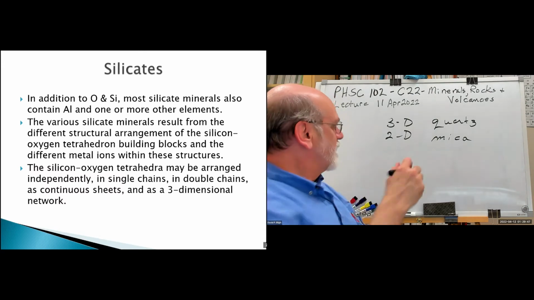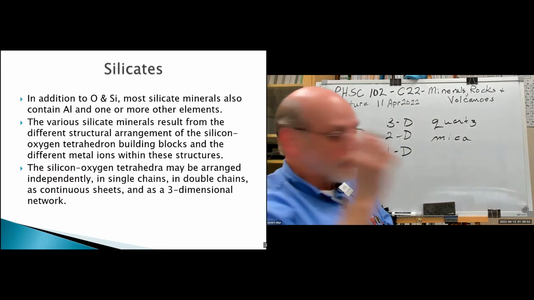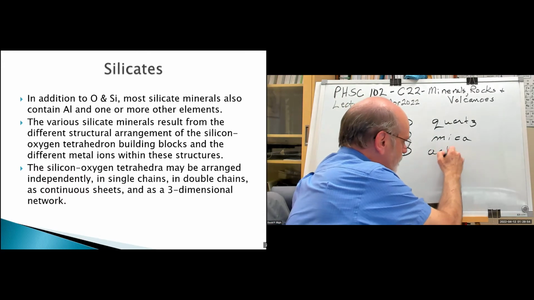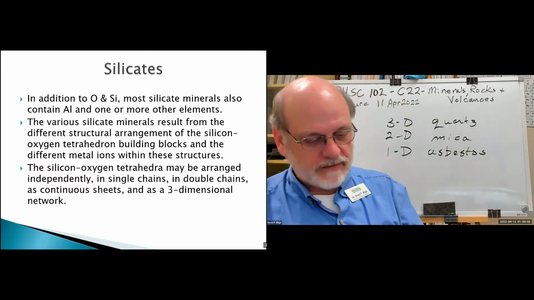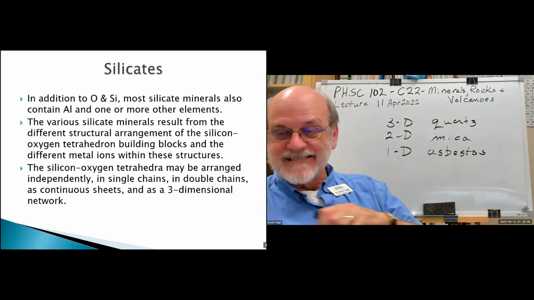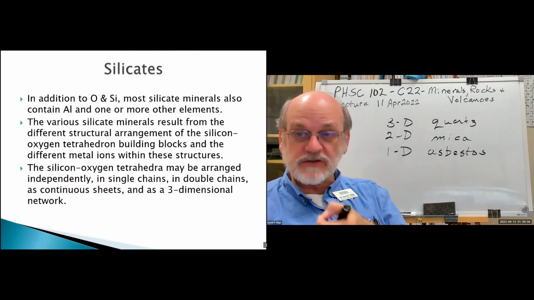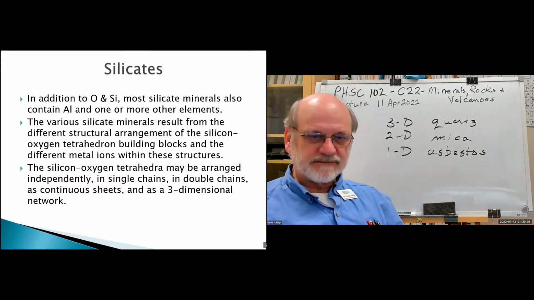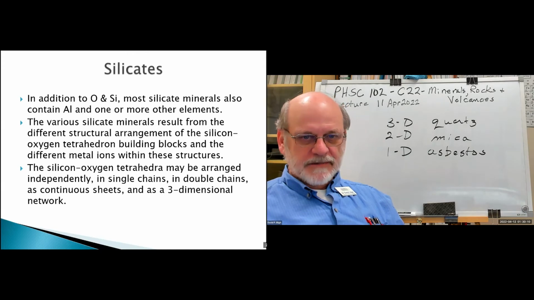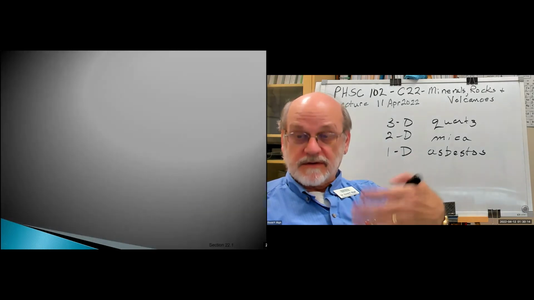Okay. How about one-dimensional? One-dimensional would be asbestos. Asbestos tends to form fibers, one-dimensional fibers, like just chains like that. So those are some examples of types of minerals that exhibit these arrangements.